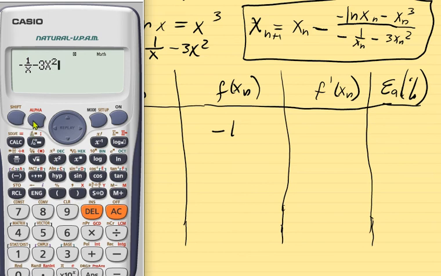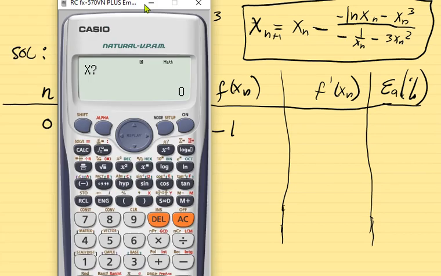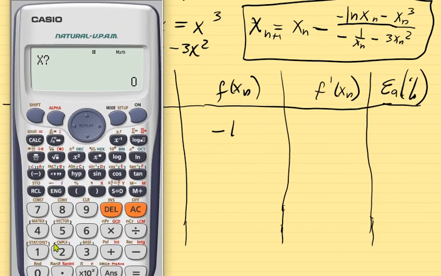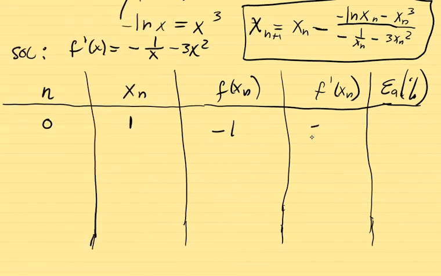Our xn is 1, so that is our f prime xn, negative 4.